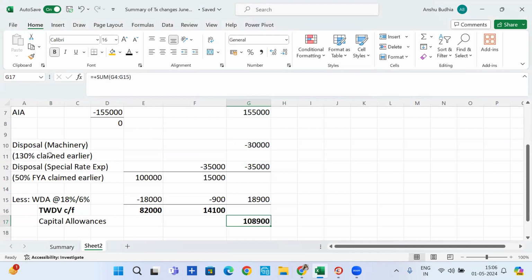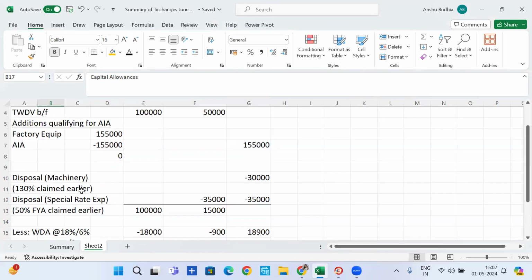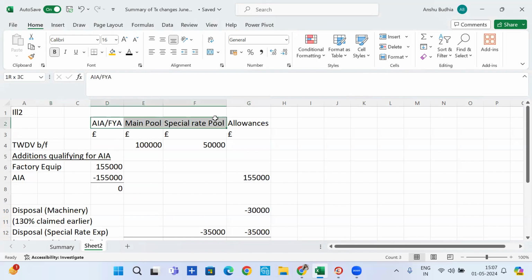So we get the total of capital allowances that are available to the individual to be adjusted against the trading profits. Available to the companies to be adjusted against the taxable trading profits of the company would be 1,08,900. I hope I'm absolutely clear on it. If there are any questions and queries, put it in the comment section.